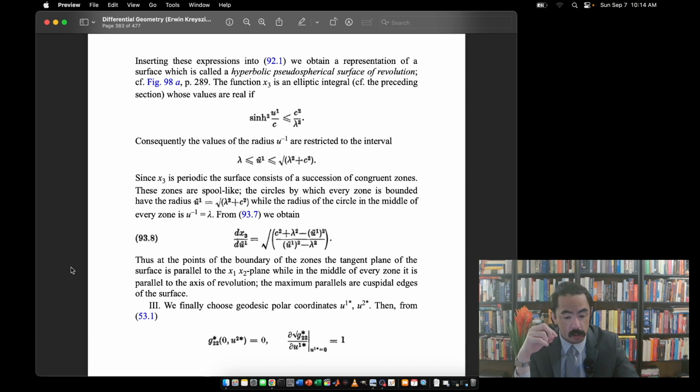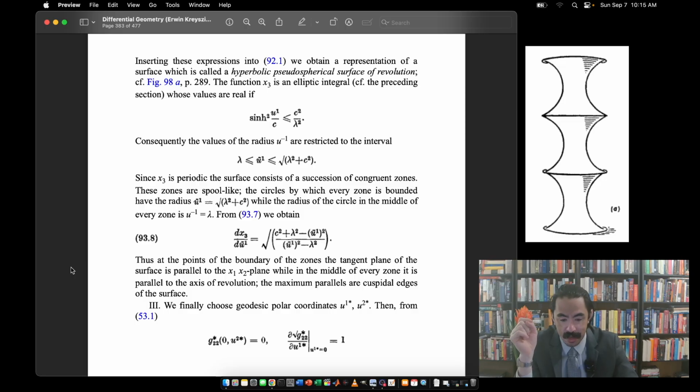And inserting these expressions into the vector parametric representation of a spherical surface of revolution with constant Gaussian curvature, I believe that's what expression 92.1 is, we obtain a representation of a surface which is called a hyperbolic pseudospherical surface of revolution, for which we can refer to a depiction in figure 98a.